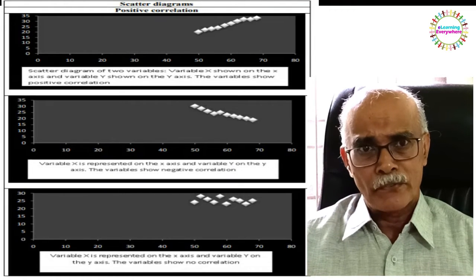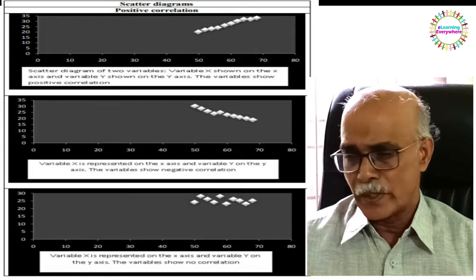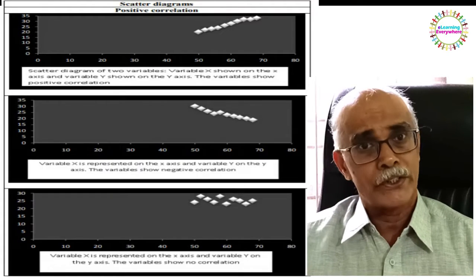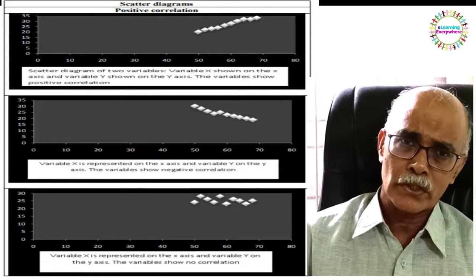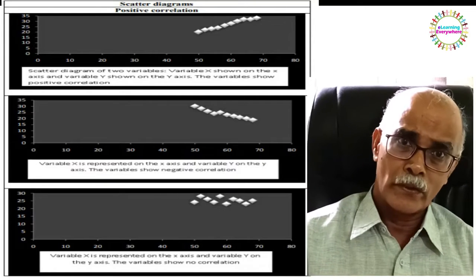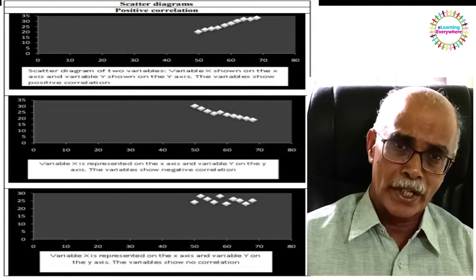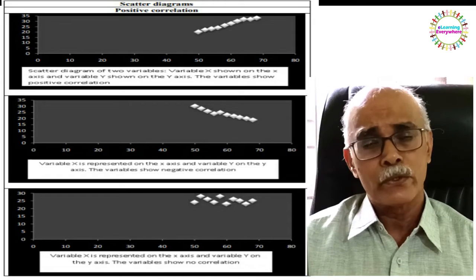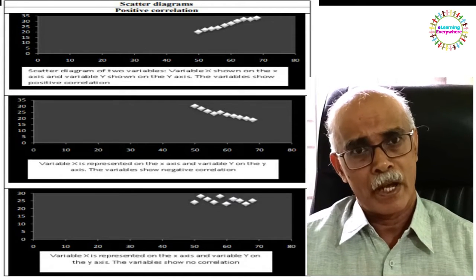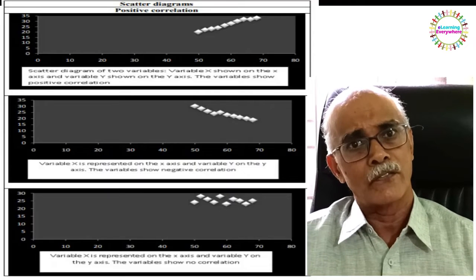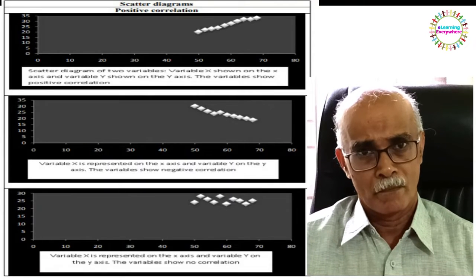You can draw a scatter diagram of variables x and y in the case of a positive correlation, a negative correlation, and even when there is no correlation. In other words, using a scatter diagram drawn from a set of data, you can comment on the nature of correlation that is present.